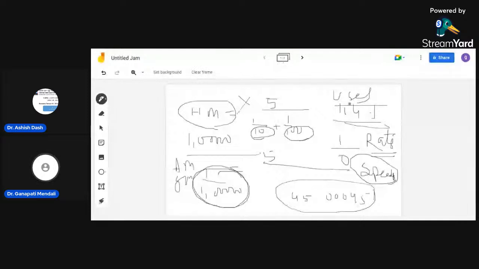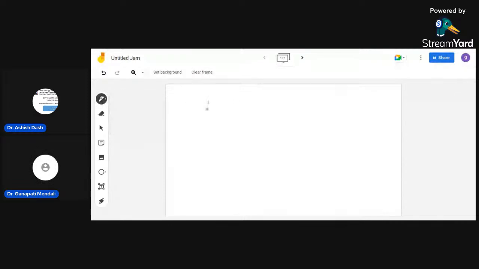Another important question: till now we have discussed the arithmetic mean, geometric mean, and harmonic mean. Here there is a mathematical relationship: arithmetic mean is greater than or equal to geometric mean, which is greater than or equal to harmonic mean.